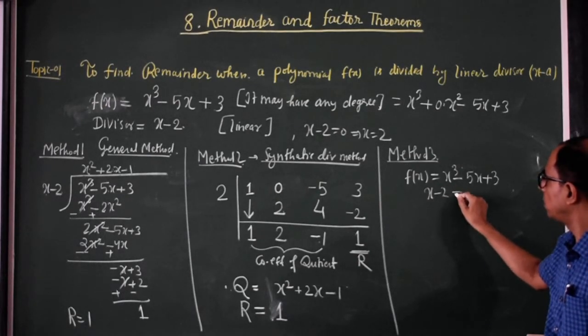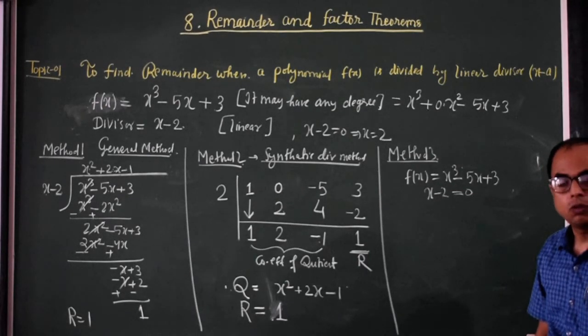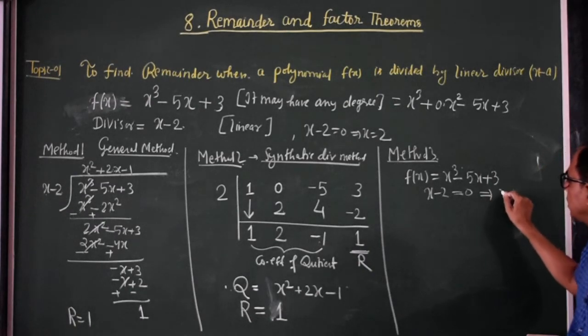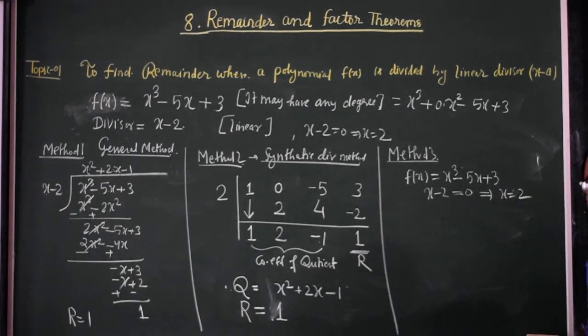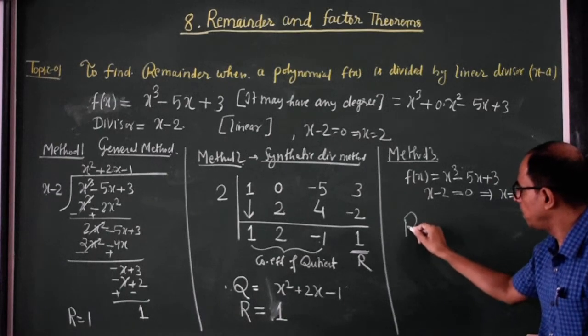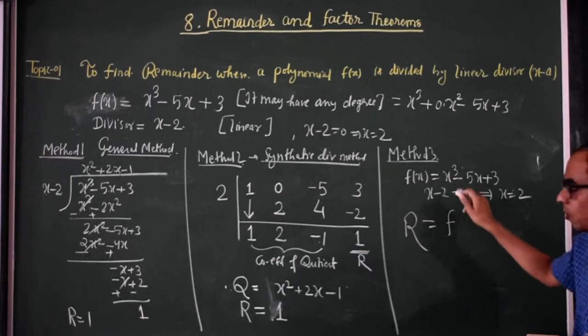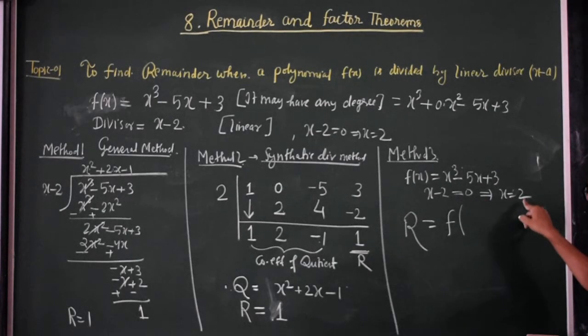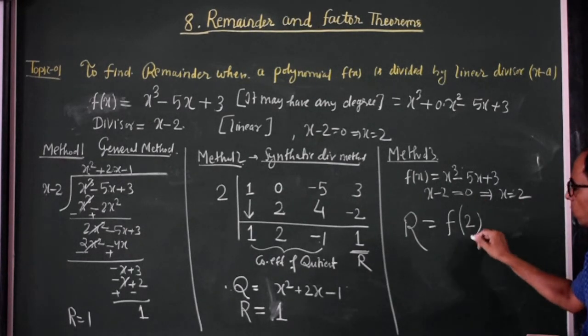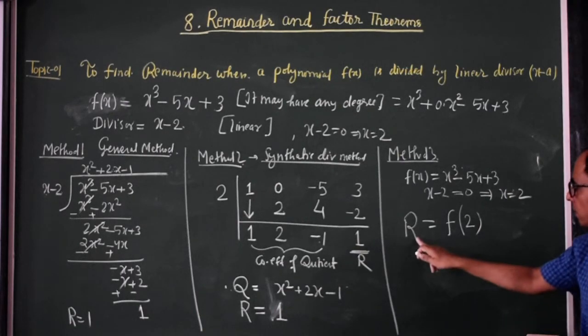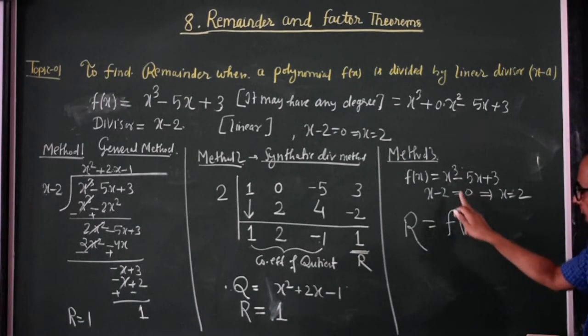Put the divisor equal to 0. From here you will get x is equal to 2. So what will be the remainder? The remainder is equal to the value of the polynomial at x is equal to 2.